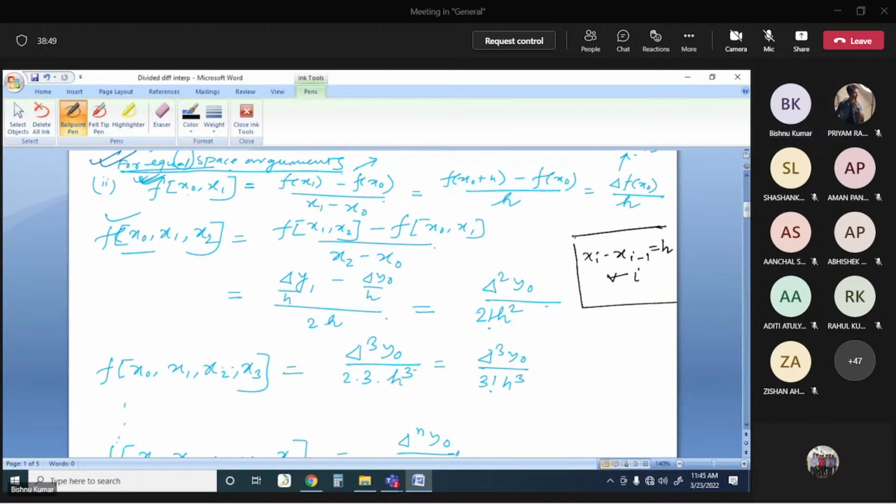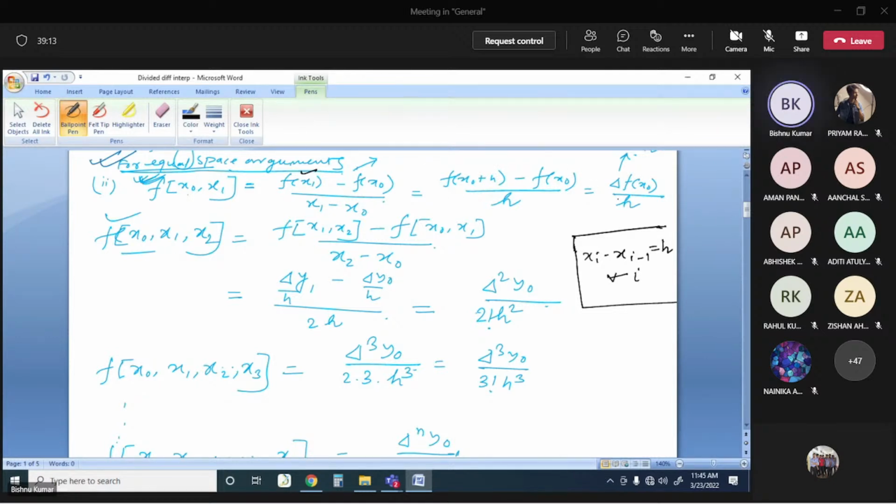So x1 will be x0 plus h, x2 will be x1 plus h. In that way these values are equally spaced. So this is f of x0 plus h minus f of x0. And what is this numerator in terms of the forward difference operator?